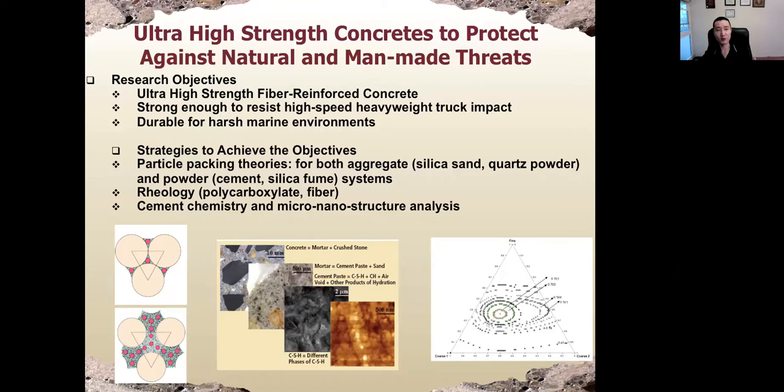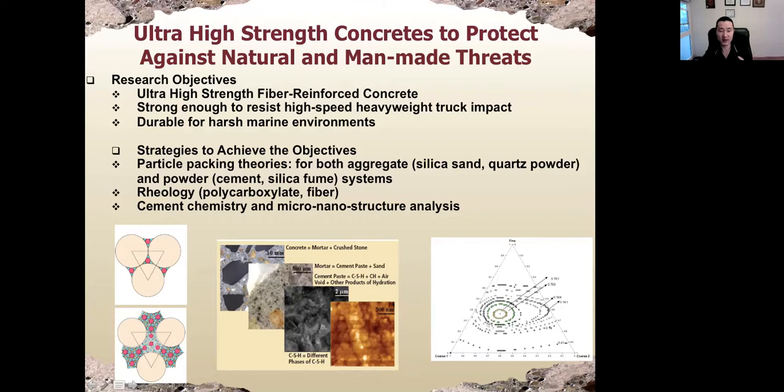And because the concrete will be put near the pier, close to the seawater, it should also be very durable to resist harsh marine environment. To achieve these goals, we base on particle packing theory, not only for aggregate. We use very strong aggregate such as silica sand and quartz powders, but also focus on packing density of powders such as cement and silica fume.